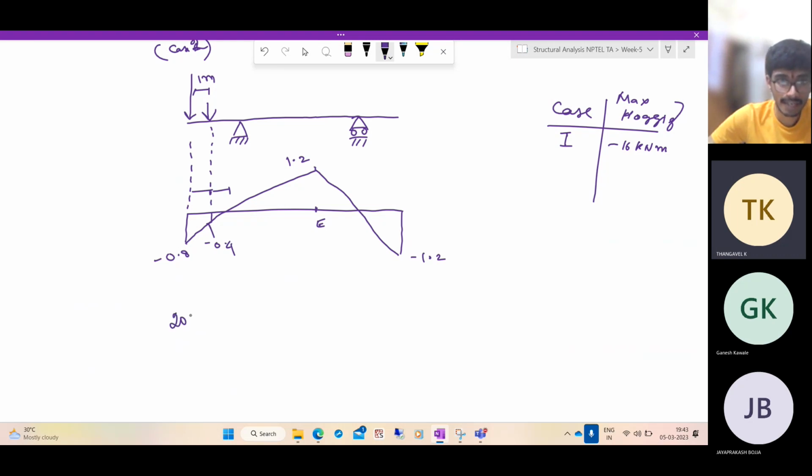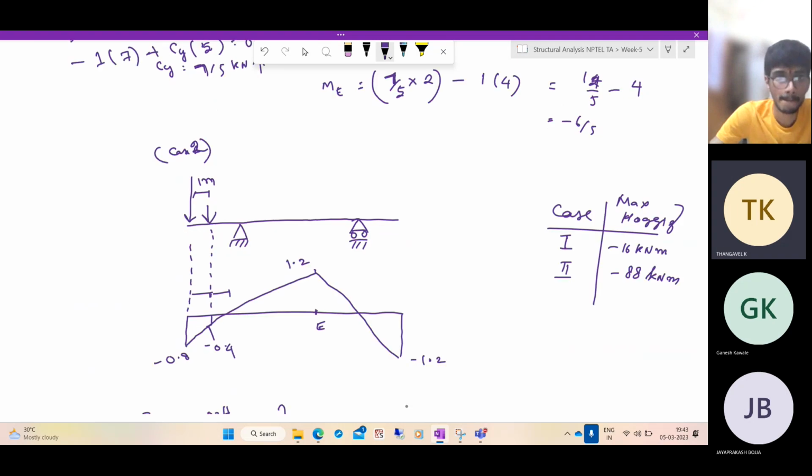It is 20 acting at 0.4 plus 100 acting at 0.8. The total moment, we're just superposing. So 20 into 0.4 is 8 and 100 into 0.8 is 80. So in the second case, we have minus 80 plus 8, which is minus 88 kilonewton meter.